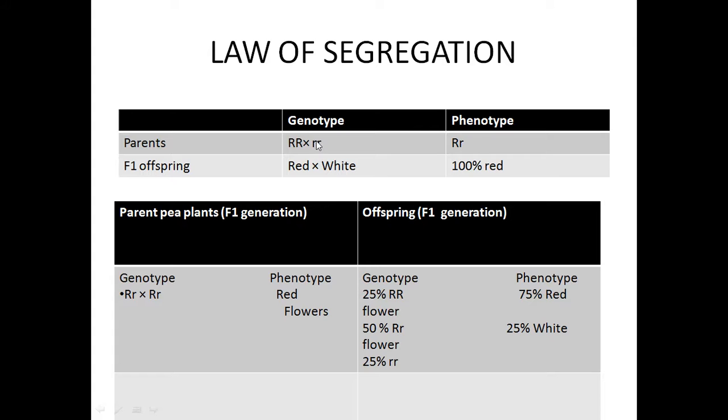Small r is the character which is producing white flowers. Capital R is the character which is producing the red color flowers. When we see here, 75% are red flowers and only 25% are white.